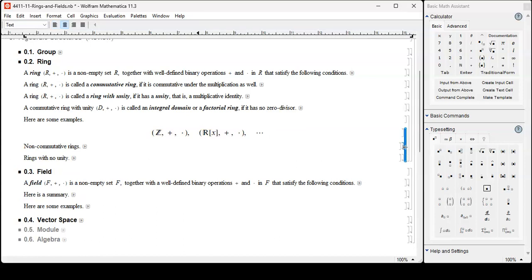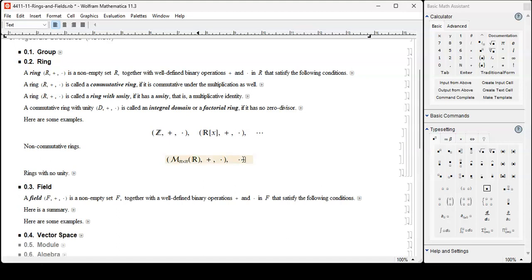Some non-commutative rings? Can you think of something? Non-commutative rings, which means yes, we have to have commutativity with respect to the addition, but not with respect to the multiplication. Can you think of something? I think by now a lot of students must have thought of this. The matrices.